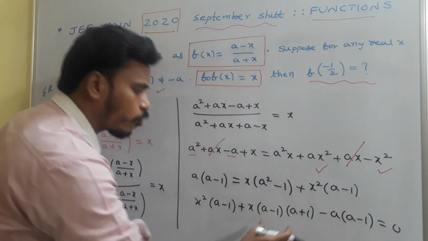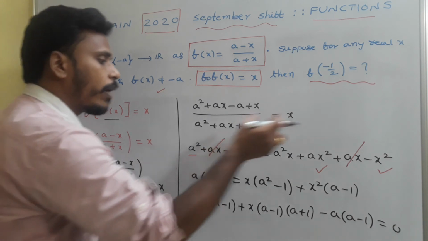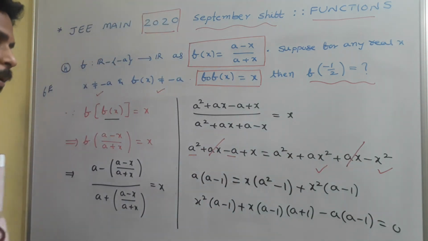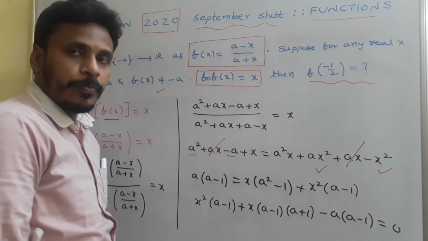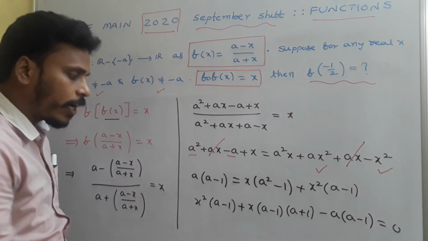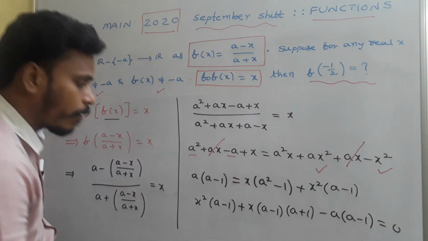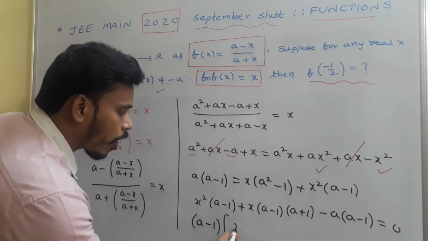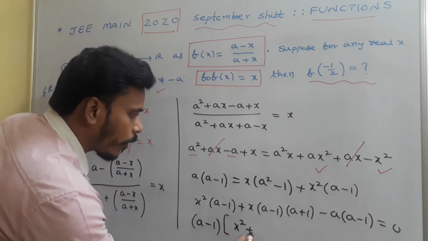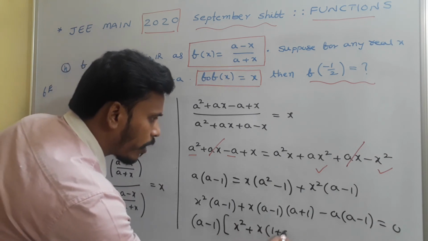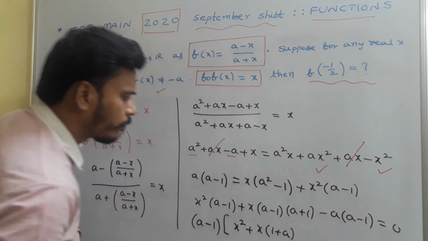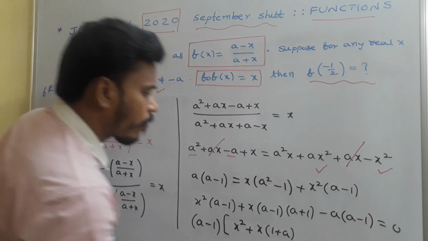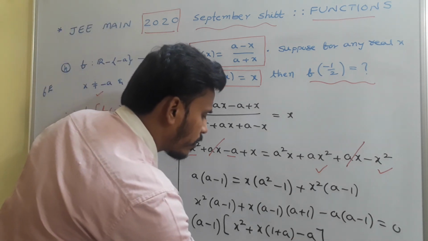This is x into a minus 1 into a plus 1, and when you send it that side, minus a into a minus 1 is equal to 0. From there, if you try to factorize everything, it will become like this, common out a minus 1. A minus 1 of, see, this x square plus x into 1 plus a, as well as what we have, minus a is equal to 0.